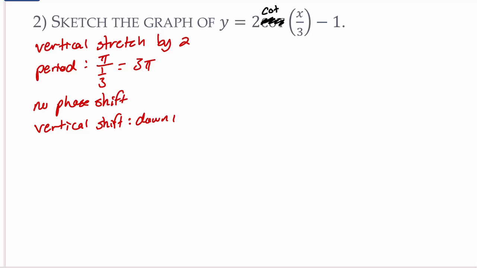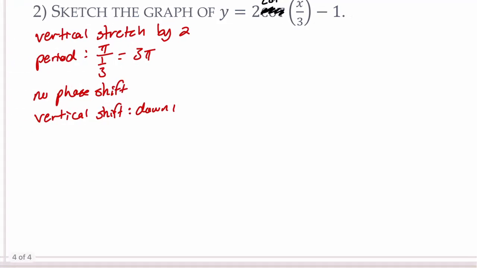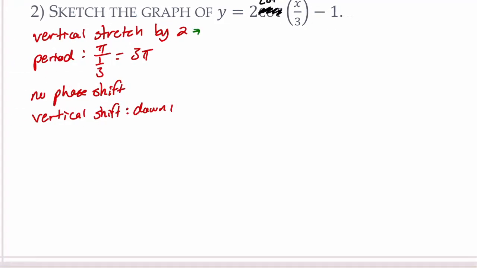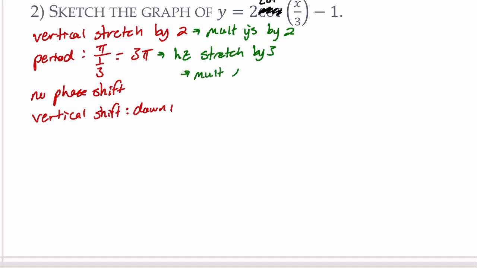So how is that going to affect the x and the y coordinates? Well, just like the other one, the vertical stretch, that's going to be multiply the y's by 2. The period, that is 1/3 there. So that's actually going to be a horizontal stretch by a factor of 3. So that means that we're going to multiply the x's by 3.